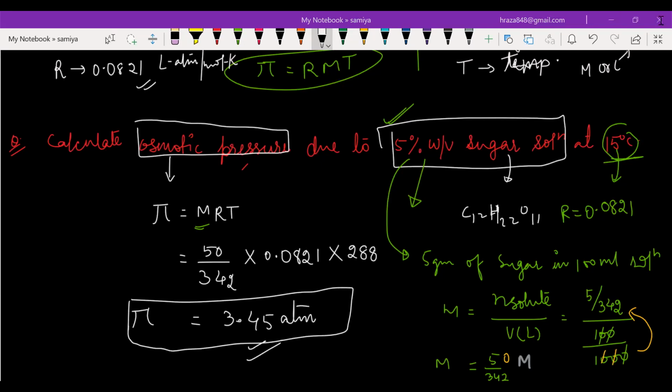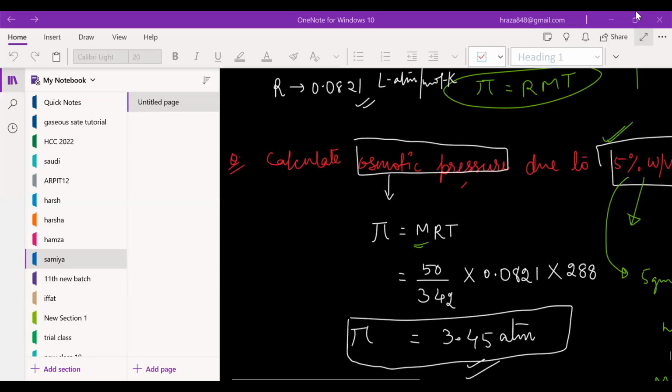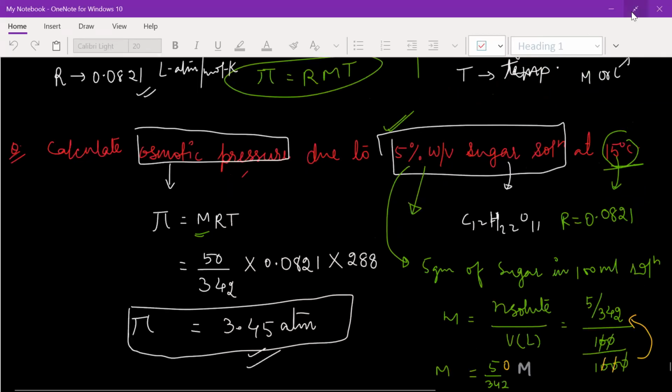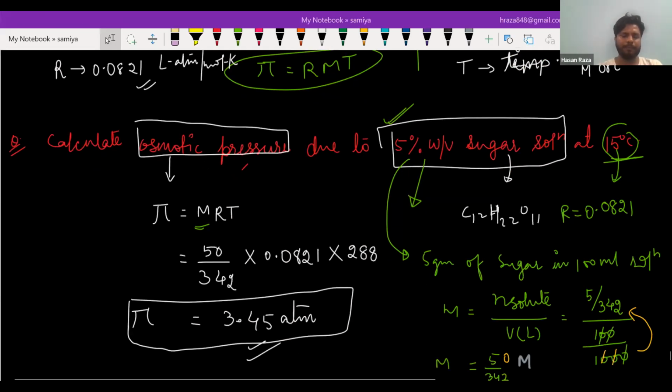Oh, wait a minute. It was hanging a lot, that's why I just cancelled it. Please write it, Madiha and Rim, and then let me know.